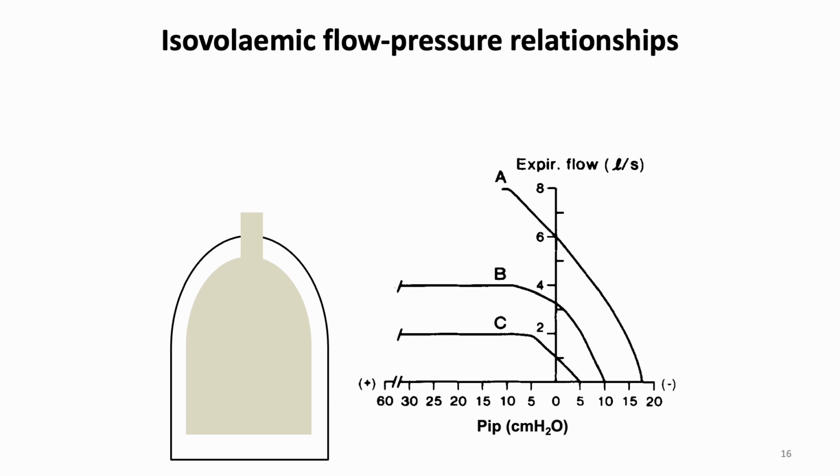So in this curve, there's expiratory flow, and that's actually the maximal expiratory flow obtained during a forced expiration on the y-axis, and the x-axis there is pleural pressure.